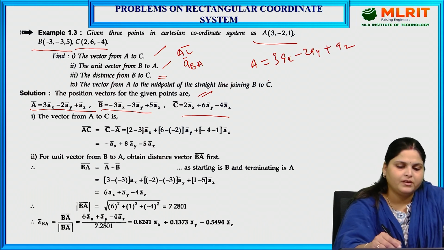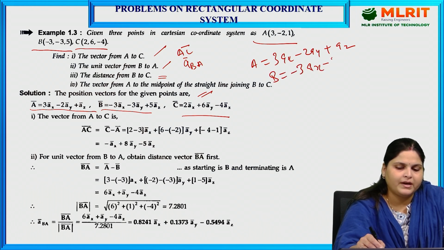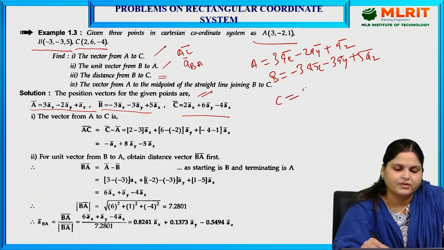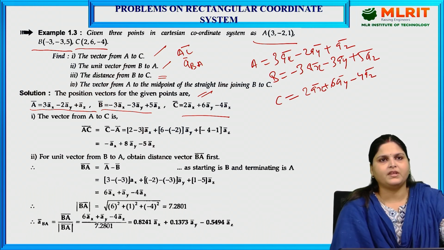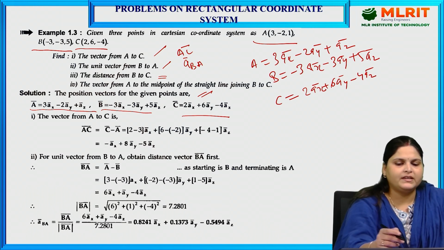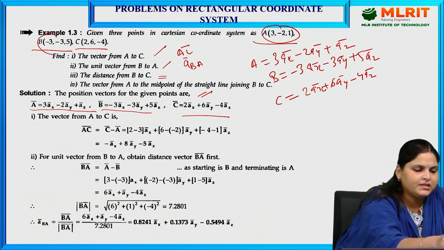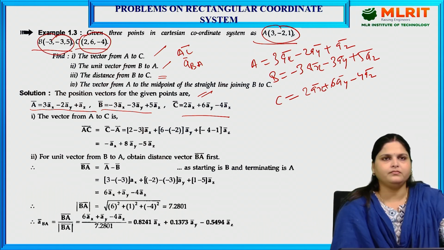B we can write as minus 3ax minus 3ay plus 5az, and C can be written as 2ax plus 6ay minus 4az. These three equations we can directly write from these coordinates.